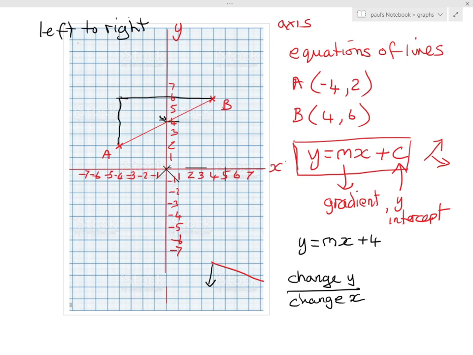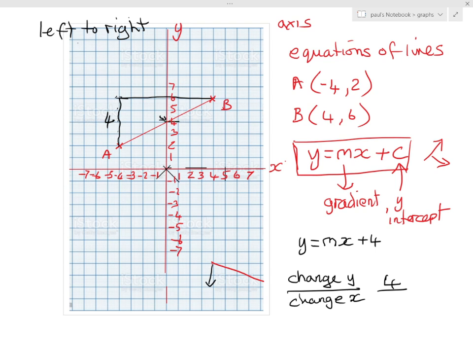So the change in y is how many squares, but be careful of the scale that they've used. This might be 10, 20, 30, 40, 50, so be careful. So the change in y is 1, 2, 3, 4. So it goes up 4. So we'll put that as 4.